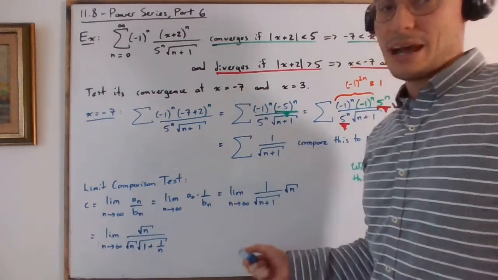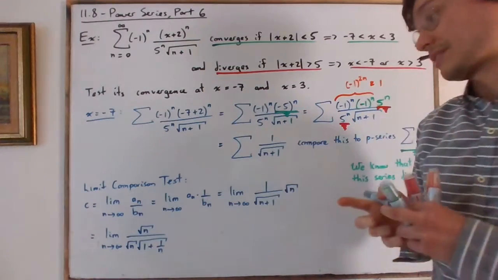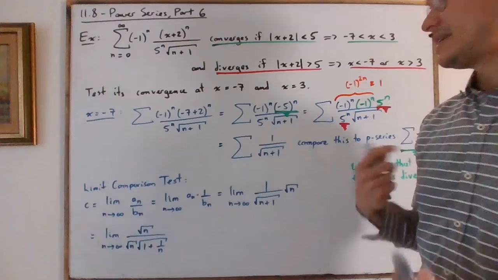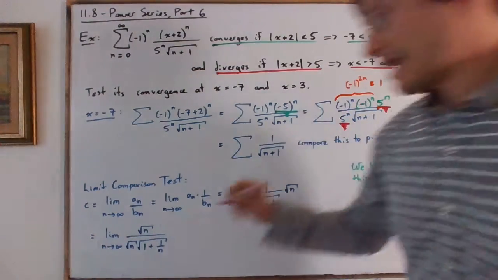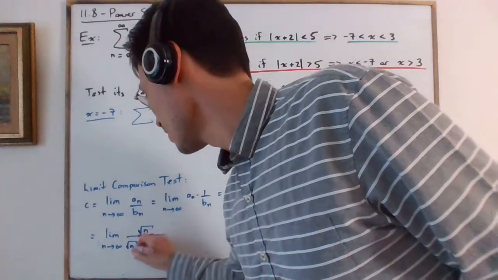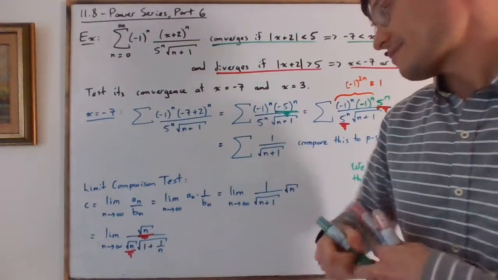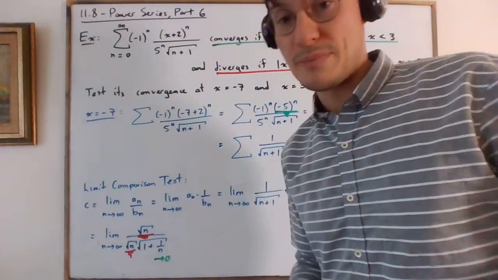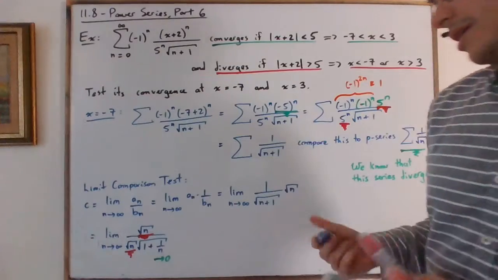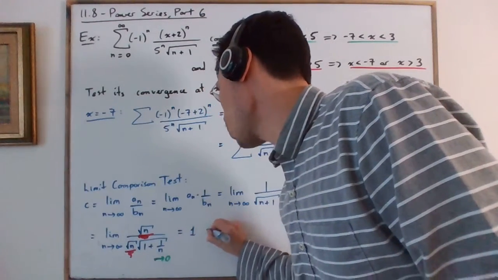At this point, I'm expecting you to be very familiar with these kinds of manipulations that are very common in both Calculus 1 and Calculus 2. Now, after cancellation of the square roots of n, and after using the fact that 1 over n is approaching 0 as n is approaching infinity, you get that this limit is equal to 1.